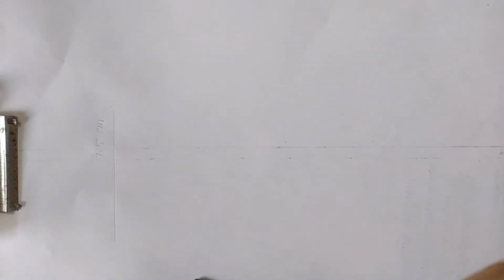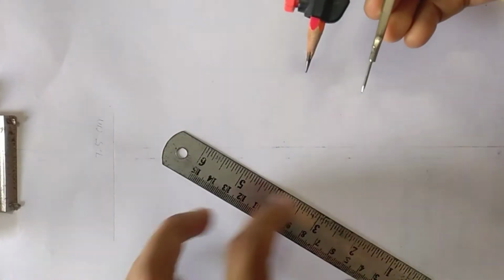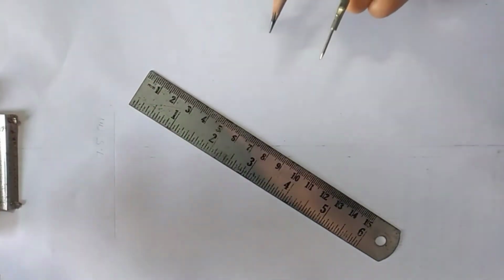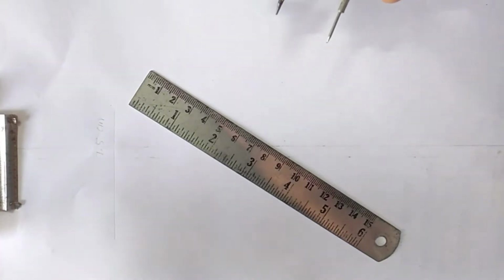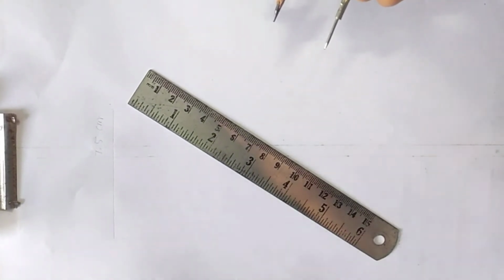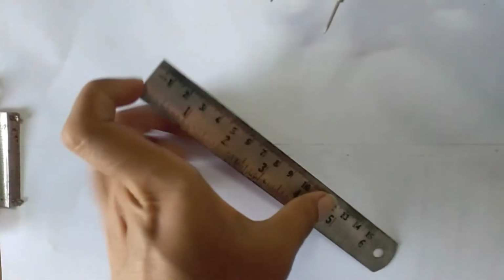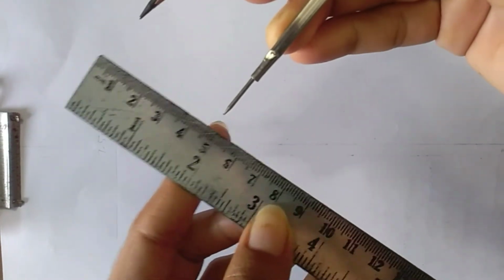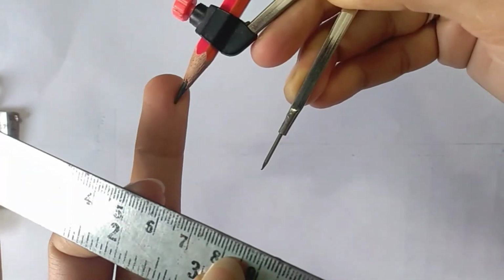After this, we need to decide what radius of circle I have to draw. Suppose I have to draw a circle with a radius of 5 centimeter, so I have to take the length of 5 centimeter between the point of the compass and the pencil.